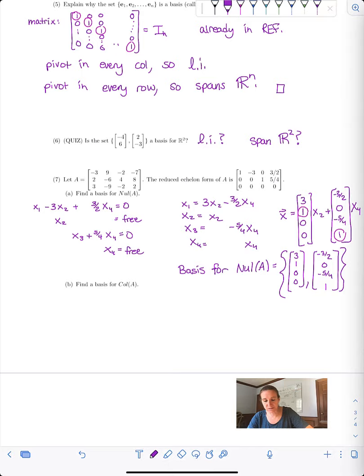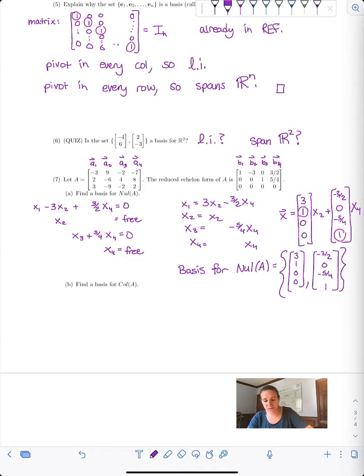Okay, and then for the column space, it's actually even easier to do. To find a basis for the column space of a matrix, we just think about the pivot columns. This first matrix A has columns A1, A2, A3, and A4, and in the reduced echelon form we have B1, B2, B3, and B4.